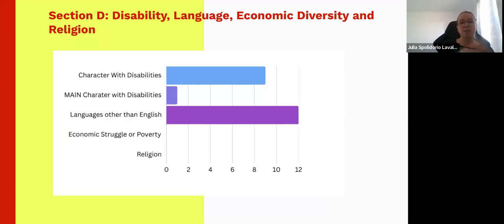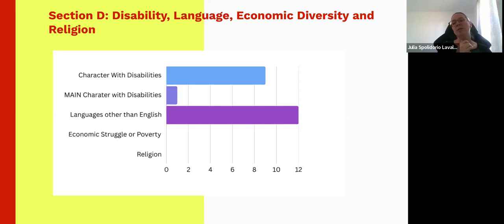And then for my other sections, I combined them all in one graph just to make it easy. Because it's all part of the same section, I picked the characters with disabilities, which again is not very much. Now, main character with disability, I was very shocked to discover that I only have one book with that specifically being the main topic of the book.